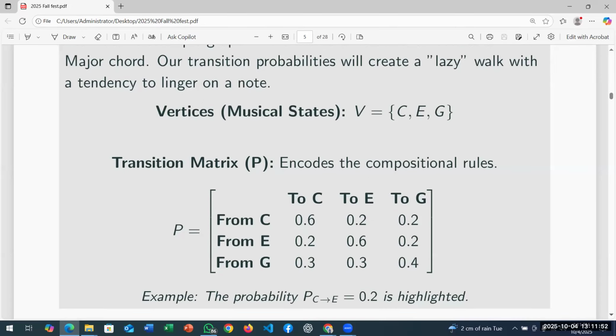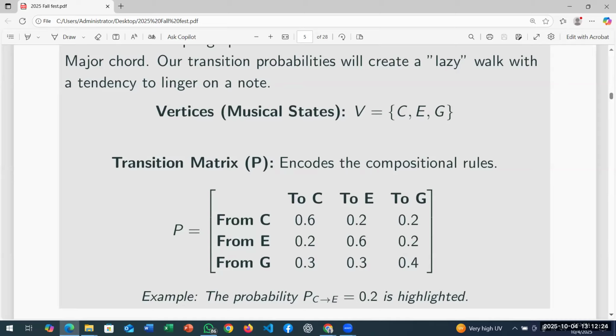Now let's say I want to now move. This is an example of what I meant by transition matrix in the other slide. Let's say I want to move from this C now to another C. Let's say the transition probability is 0.6. Now another one, if I want to move from C to E, let's say that probability is 0.2, and so on and so forth.